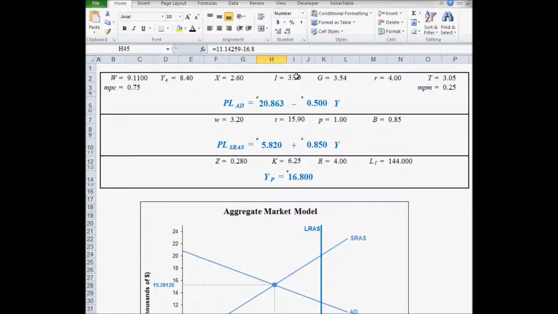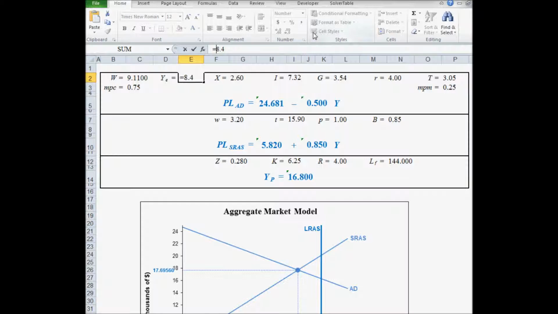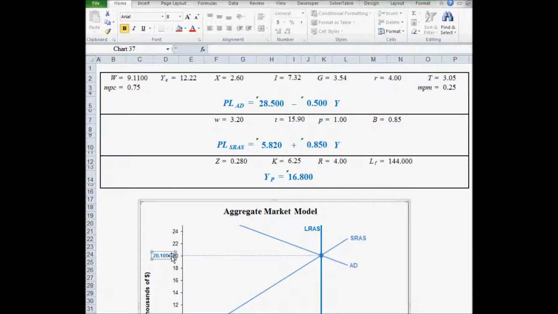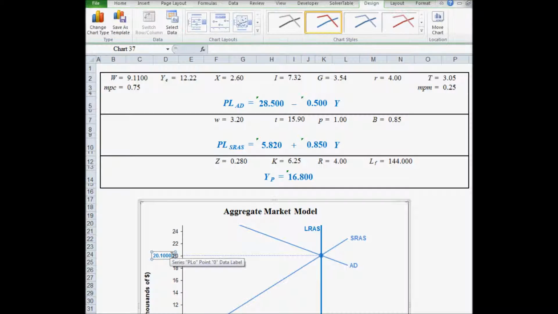So business investment expenditures increased $3.81875 trillion. And expected future income increased by the same value. So the price level after the improvement in business expenditures and the improvement in expected future income pushes the price level up to $20.1000, thousands of dollars.